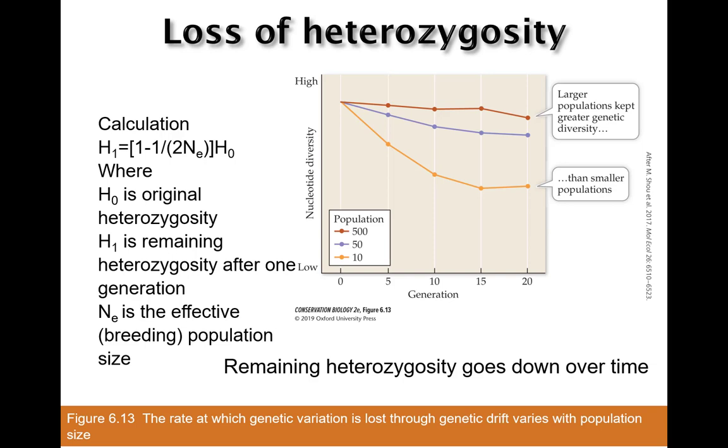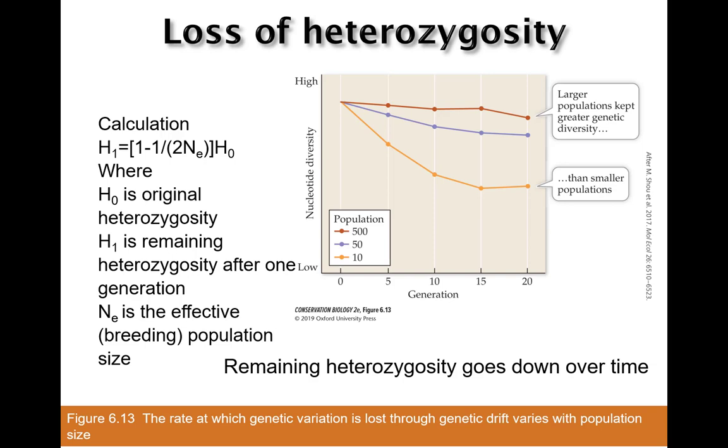This is going to change for species in different situations, and so this graph then shows the differences per site of 2 DNA sequences in genetic variation remaining after 20 generations in populations from a fly, Drosophila melanogaster.